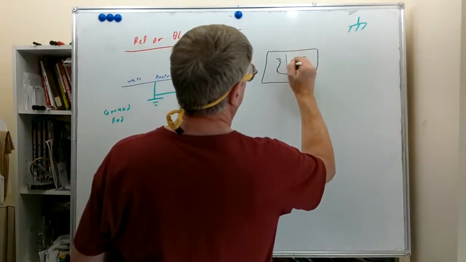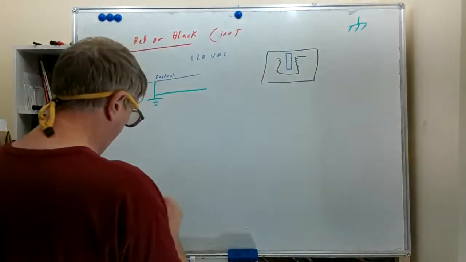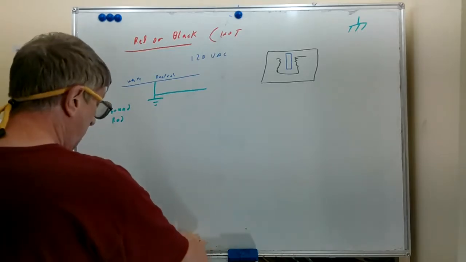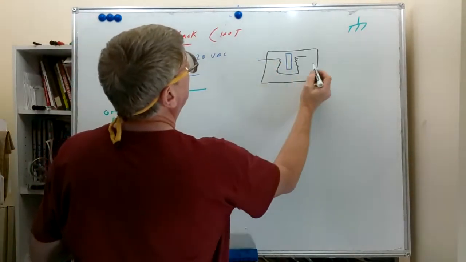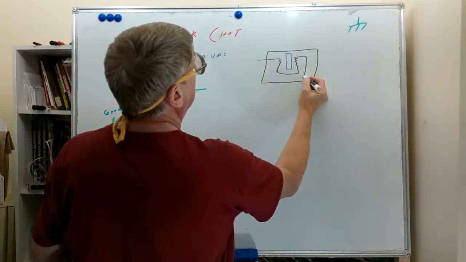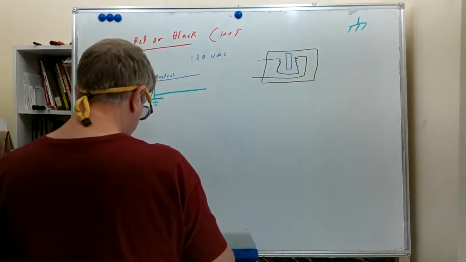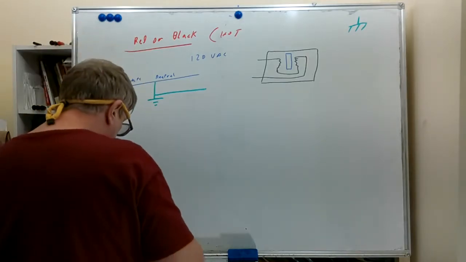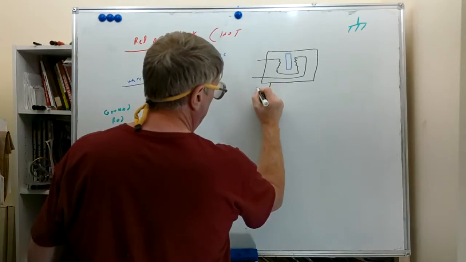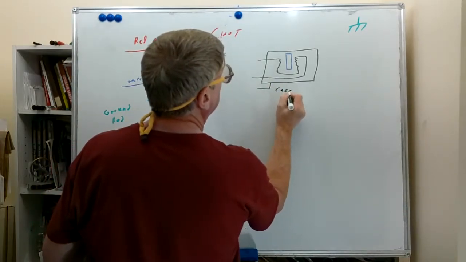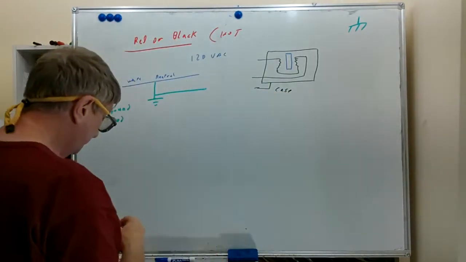I'm only going to draw one slice here. And each of these terminals is going to come out of the toaster. I'm going to draw this one out here. And we have another one that's tied to the case of the toaster. I'm going to write case here.